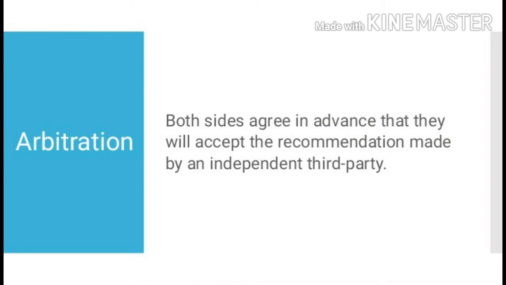Another alternative to resolving impasse is arbitration, the process in which both sides agree in advance that they will accept the recommendations made by an independent third-party arbitrator. Like a mediator, the arbitrator listens to both sides of the dispute and presents and reviews all the evidence.